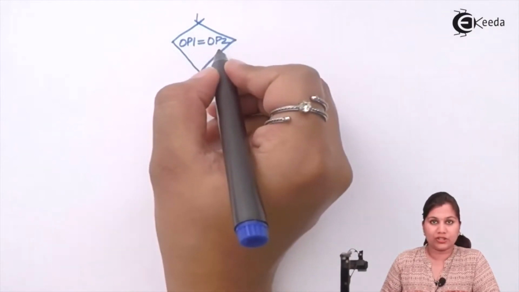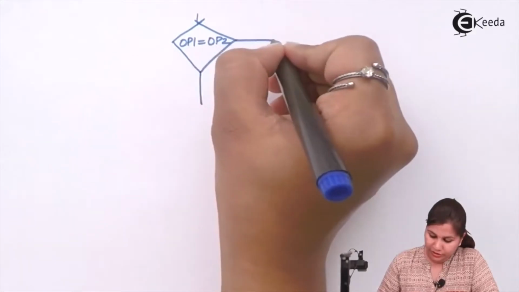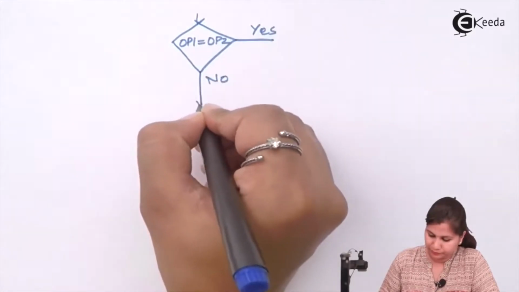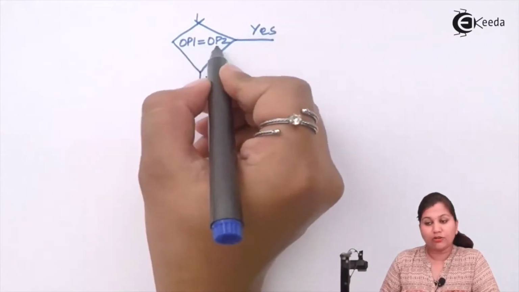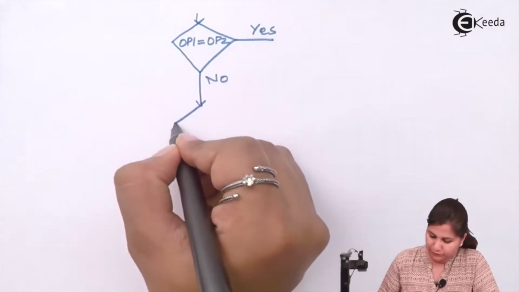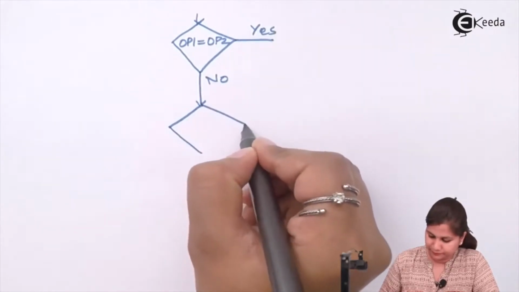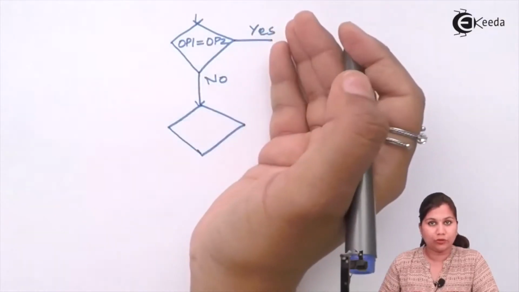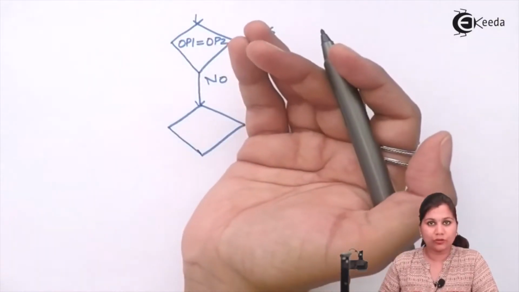Again, this is a decision state, so there can be two conditions, yes or no. When they are not equal to each other, then there can be two possibilities: whether OP1 is greater than OP2 or OP1 is less than OP2.